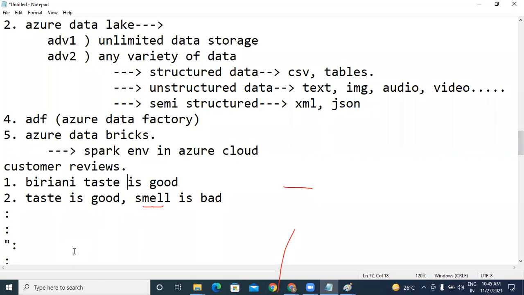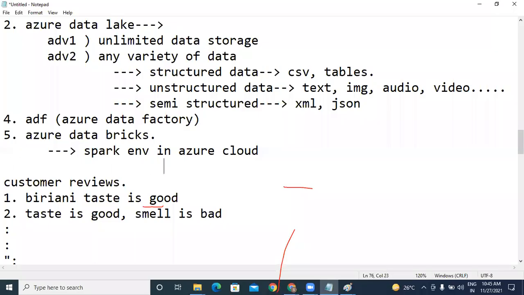Later you will understand how to work with a combination of ADF and Databricks. In Databricks, Spark will be there, but Spark can be coded with many languages like R, Python, Java, Scala. Even you can use your native SQL also. If you don't know any language, you can use native SQL, structured query language. In this way, SQL will be everywhere.